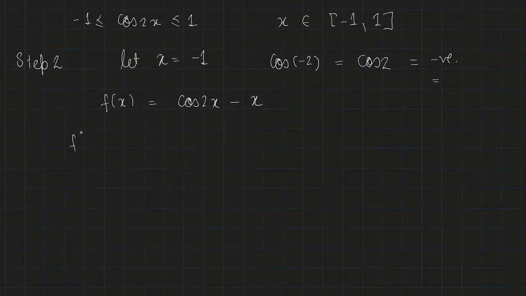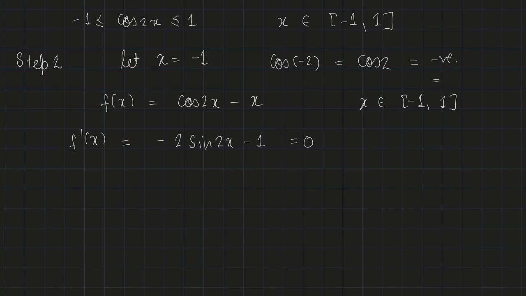I differentiate it, and I get -2 sine 2x minus 1, keeping in mind that my domain is this. Now I try to see, is it always increasing or decreasing? Do I have a critical point?